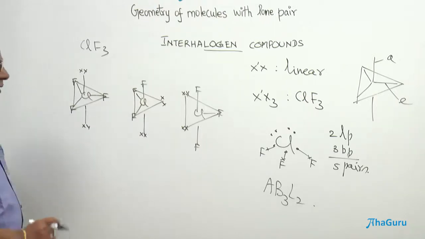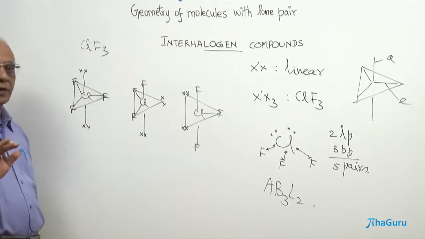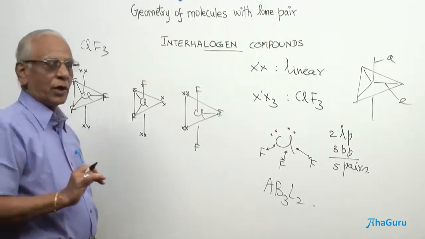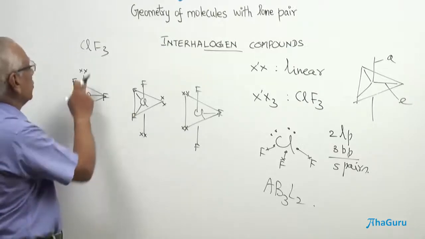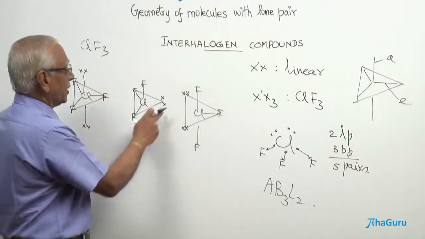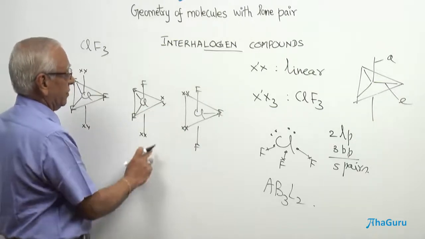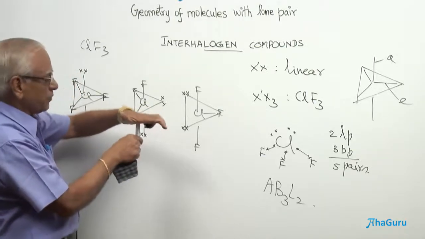Let us see. That is decided by which has the maximum lone pair-lone pair repulsion. Now, the lone pair repulsion is going to be least where... the angle is 90, isn't it? I can take this and keep it perpendicular to that.